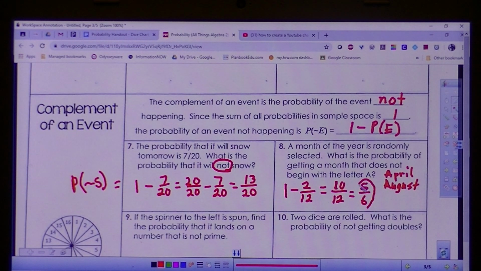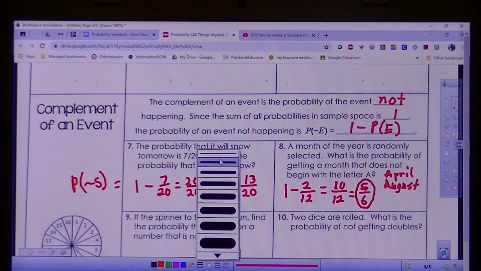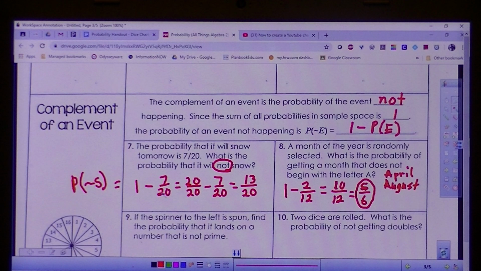Okay, and again, real quickly here, what would that look like if they were to use this probability notation? It'd probably look more like probability, and this is a little smaller, of not A. Something like that. That means what's the probability of choosing a month that doesn't start with A? And that ends up being 10 out of 12 or 5 out of 6.